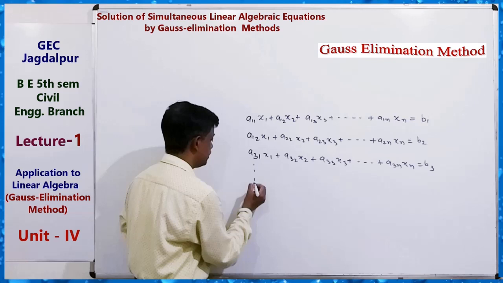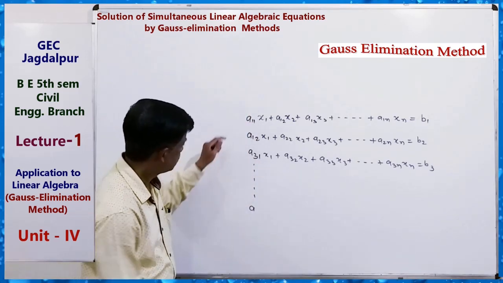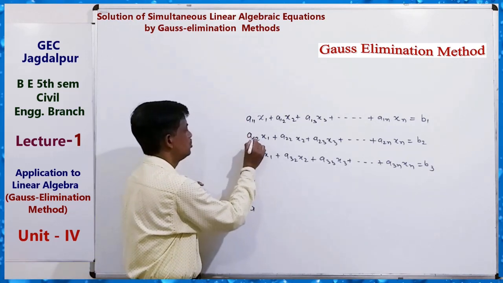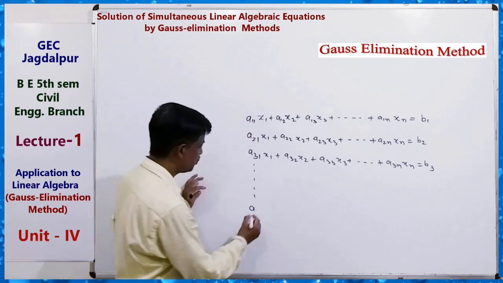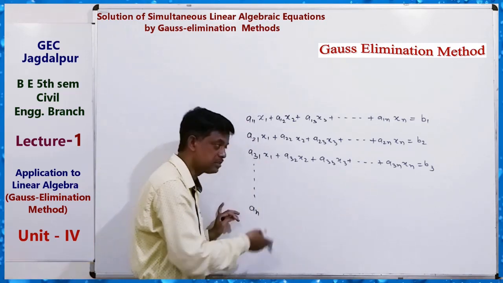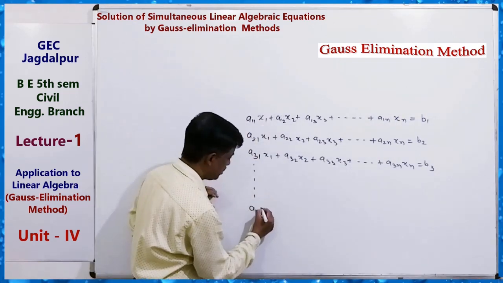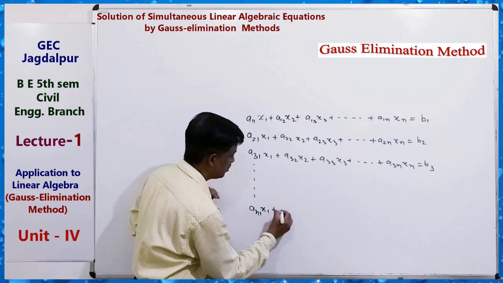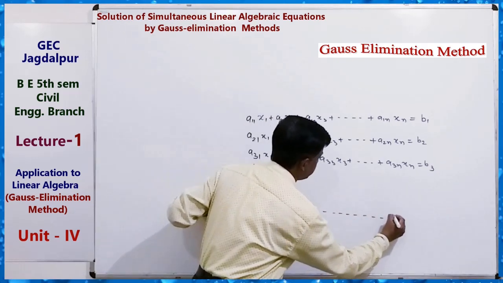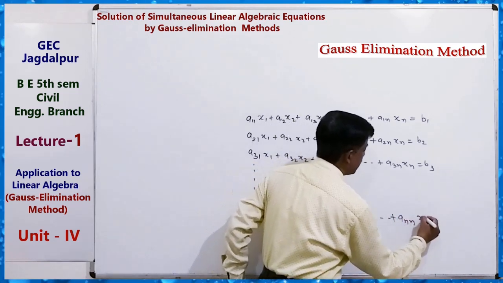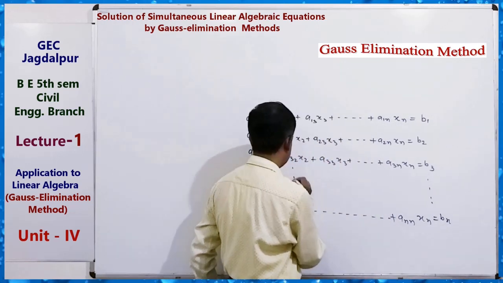And so on up to n equations in n unknowns, the last being an1 x1 plus an2 x2 and so on up to ann xn equals bn.